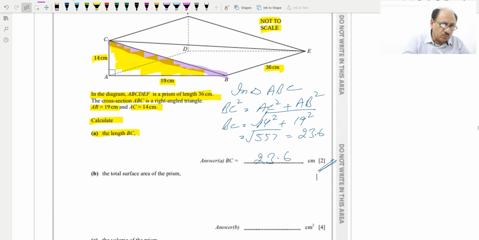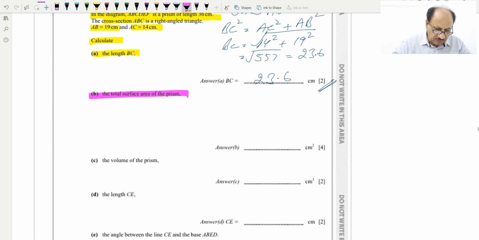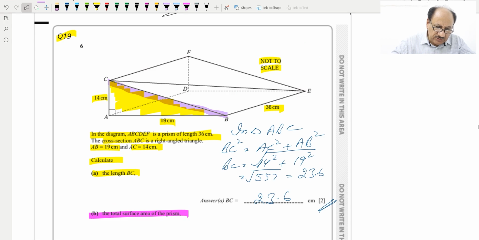Now they are saying total surface area, and surface area is not part of this topic, so I'm skipping this one. And the volume of the prism is also not the topic of today's question. So the length CE, we can go through this question. The length CE is this one, which is required.